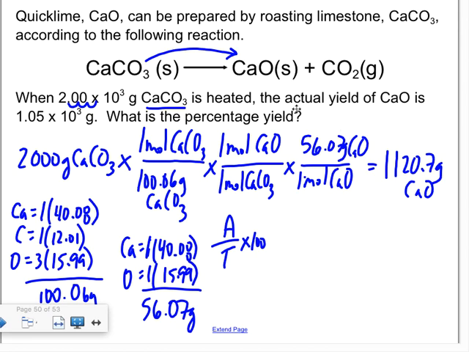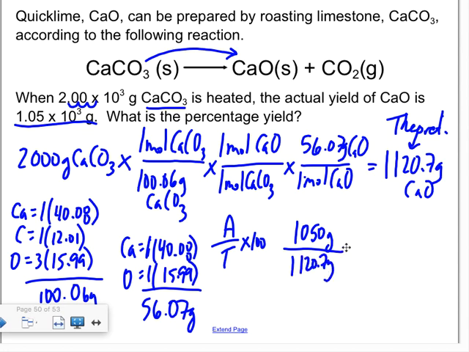So my actual, 1,050 grams, divided by my theoretical, 1,120.7 grams, multiplied by 100, and I get about 93.7%. There we go. There's my percent yield.